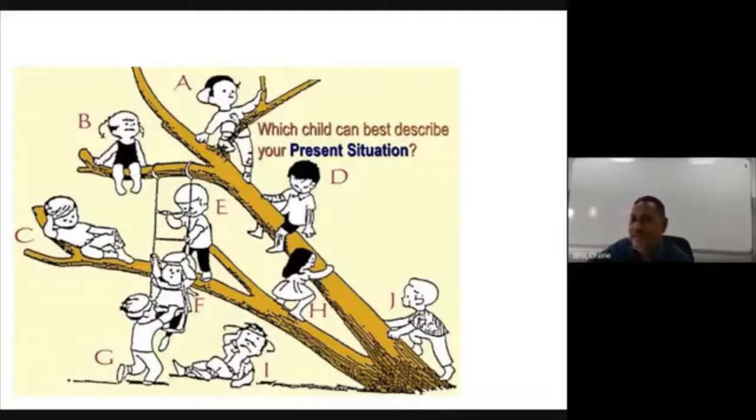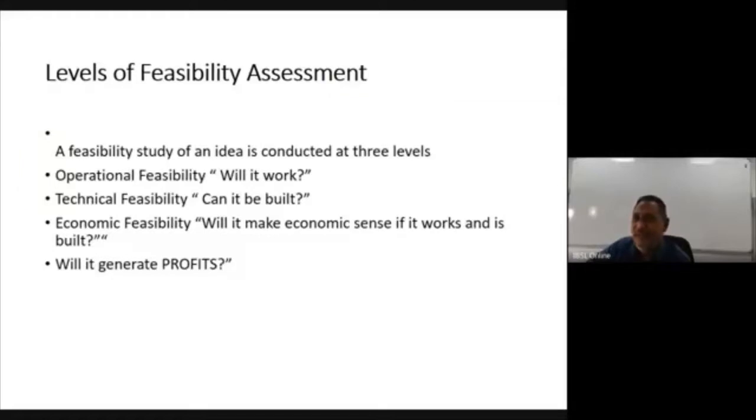As a banker, we should see all the required aspects before we come to a conclusion in lending, as well as when we continue with lending. The feasibility assessment has three levels: operational, technical, and economic.